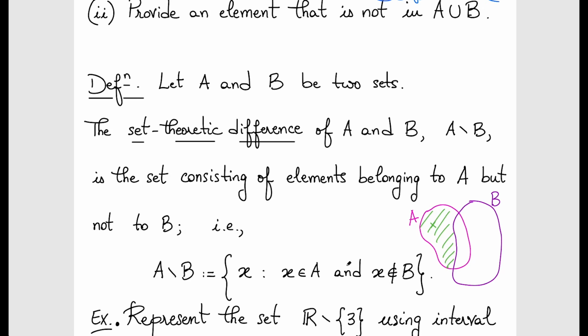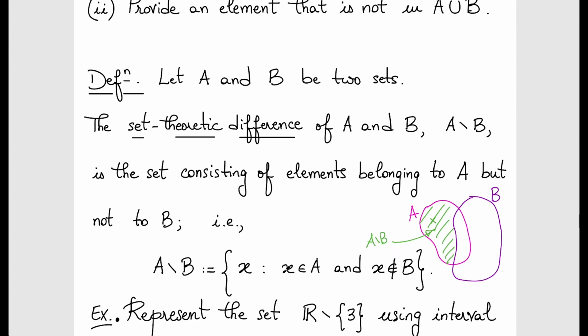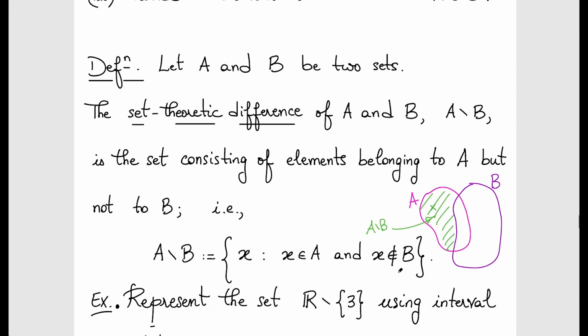So this blue region is actually A minus B, the set theoretic difference of A and B. Okay, so that's A minus B. So it's like a relative complement. Okay. Anyway, forget it. One more time. A minus B is the collection of all the objects that are in A, not in B, and they look like this. Okay.